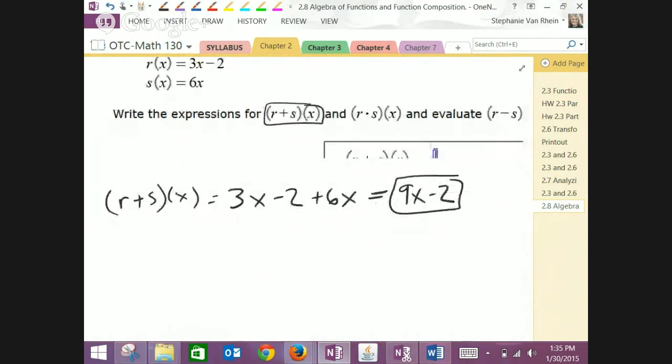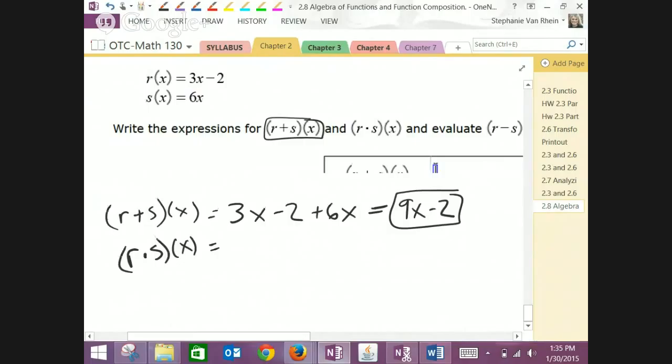What would be r times s? I'd have 6x times the quantity 3x minus 2, which is 18x squared minus 12x, because I just distribute those terms.